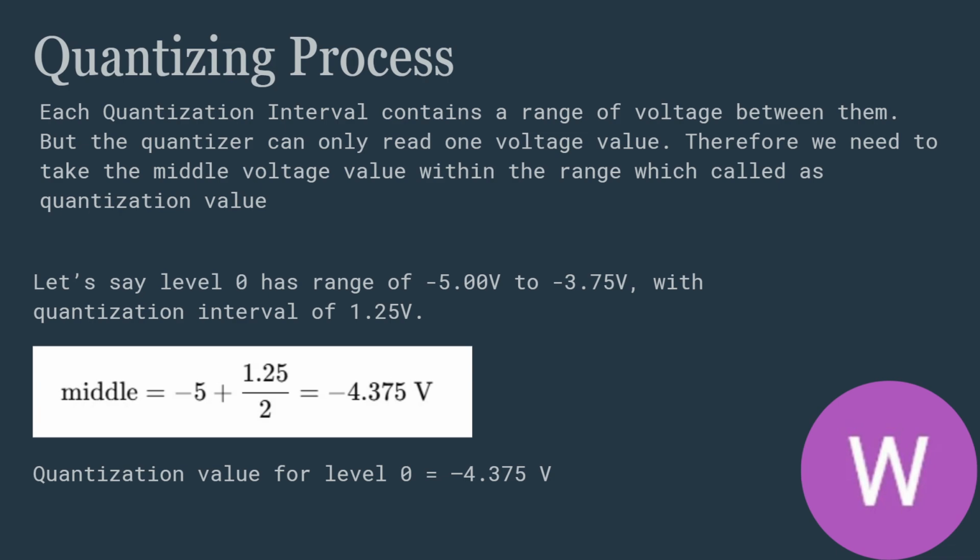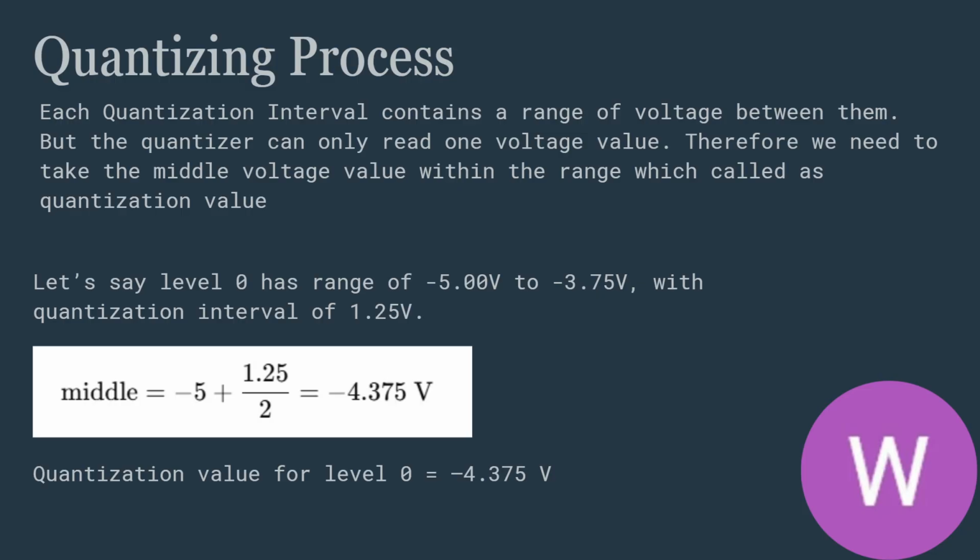The quantization value is simply taking negative 5, the lower limit, and then plus 1.25 over 2, the interval over 2, because the quantization value is the middle voltage. We take the middle voltage within each range.